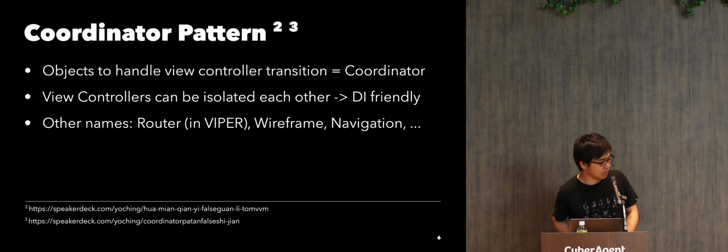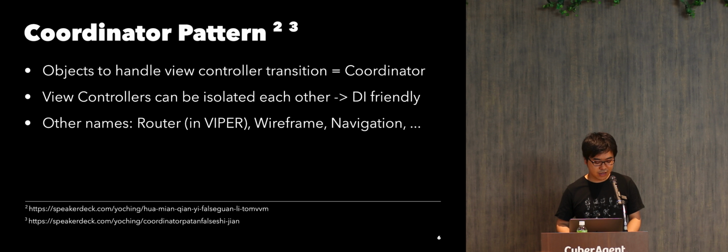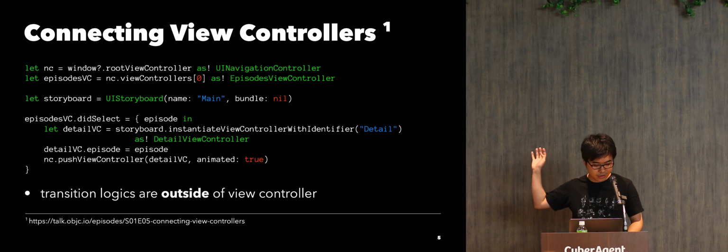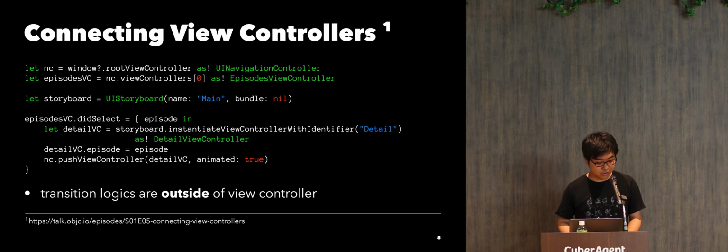So a coordinator is an object that handles view controller transitions like that, and the logic is extracted from the view controller. The point is that view creation and view transition are extracted from the view controller. It means that each view controller can be isolated from the others, so they don't care about other view controllers. In this example, the episodes view controller doesn't know anything about the detail view controller.